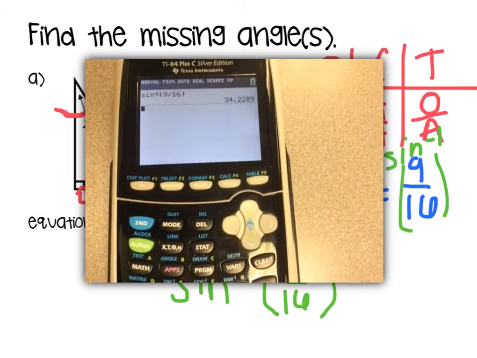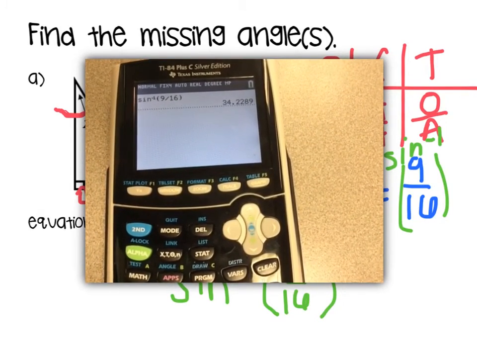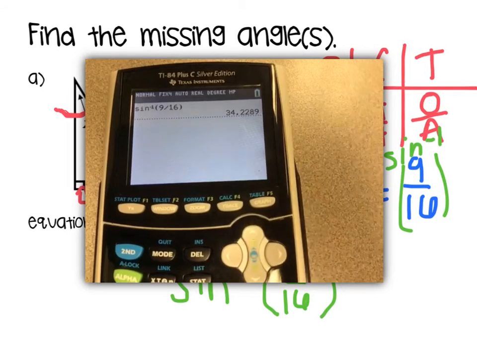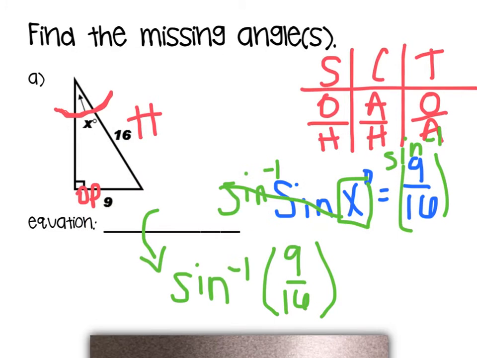So my angle there is 34.2289 degrees. So the angle that's missing, or my x value, is 34.2289 degrees. And that's it.